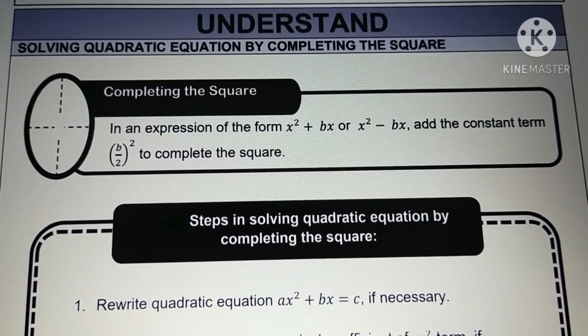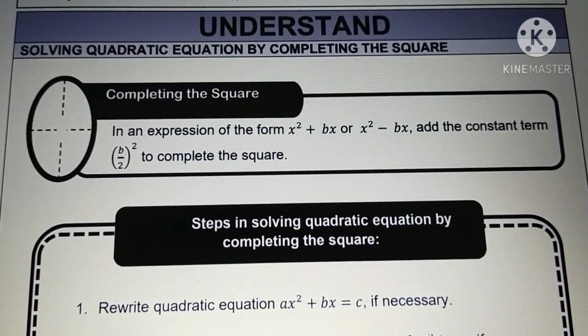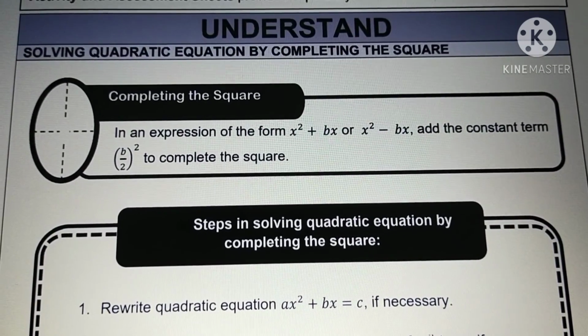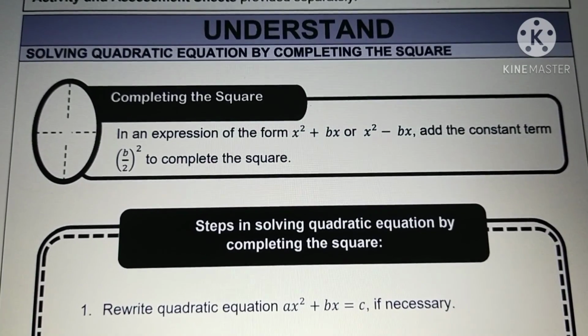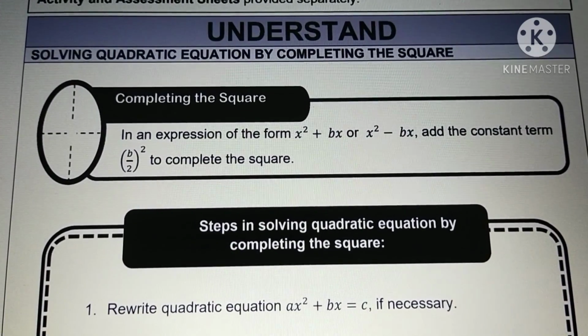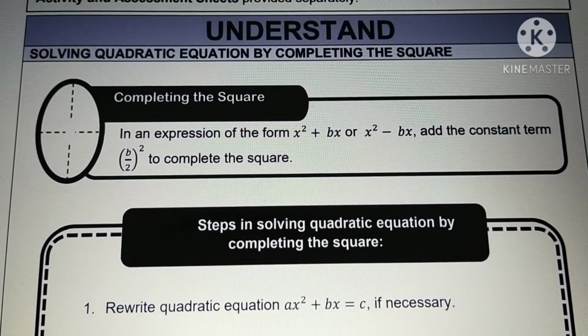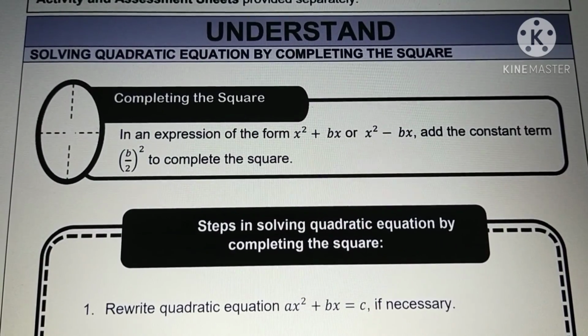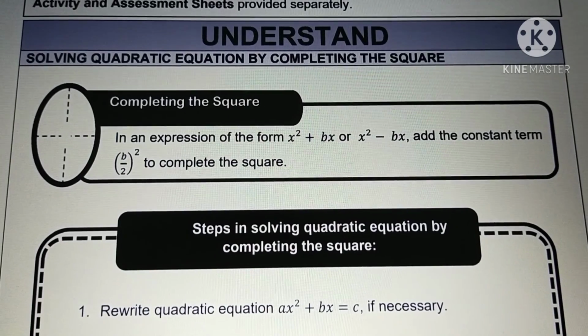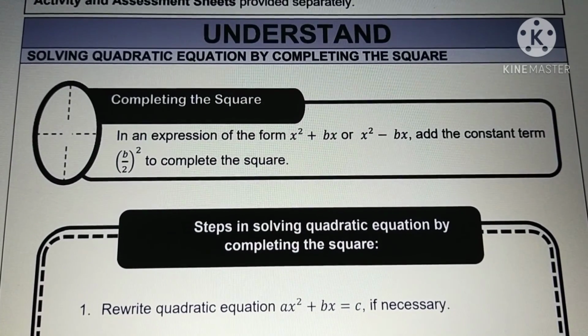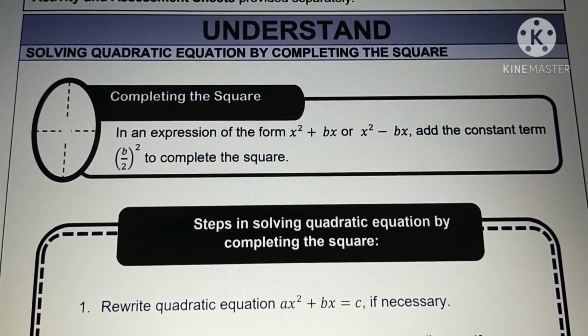The square of b over 2, or b divided by 2, to complete the square. Okay, so yan ang kailangan natin i-add as the constant term to make it a perfect square trinomial. Okay, so these are the steps.